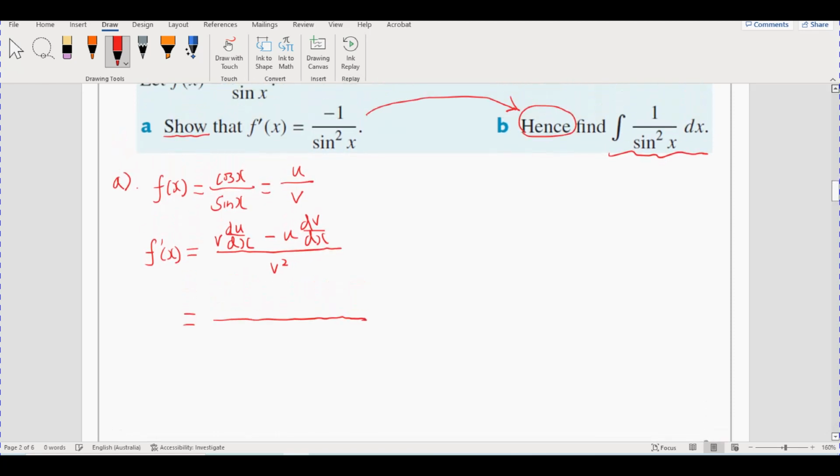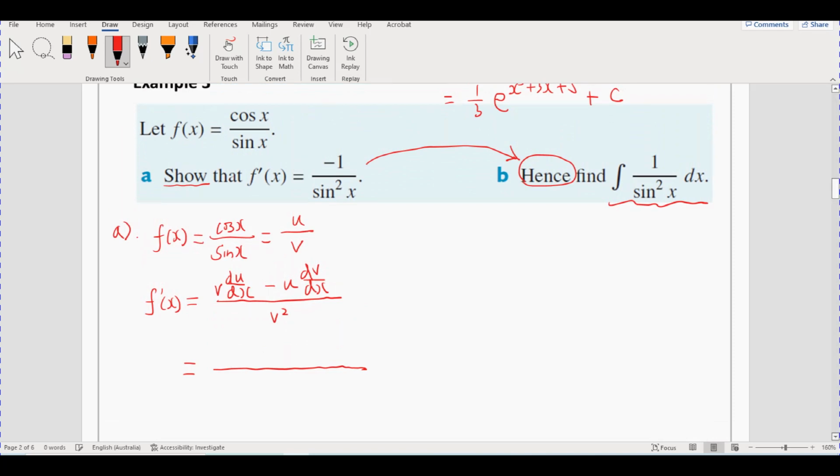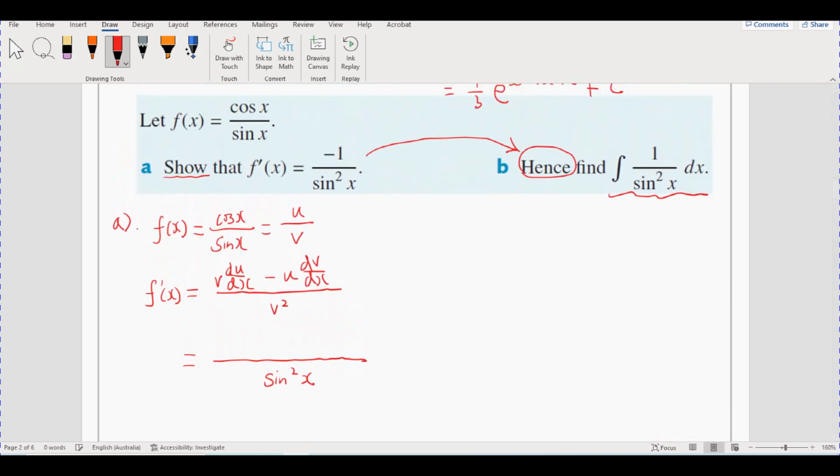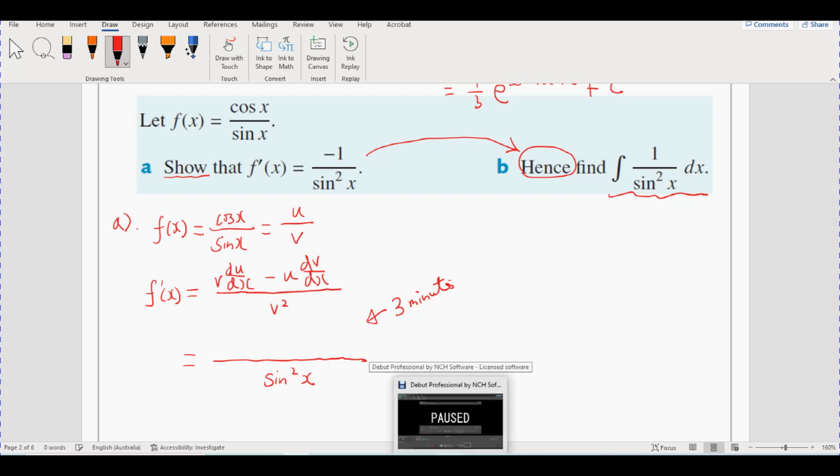Our v right now is sine x, so sine squared x. I will give you some time to fill in the rest, because you really need some time to recall those differentiations. Let's give you another 3 minutes, possibly, to fill in all the things. If you can simplify them, then try to do so.